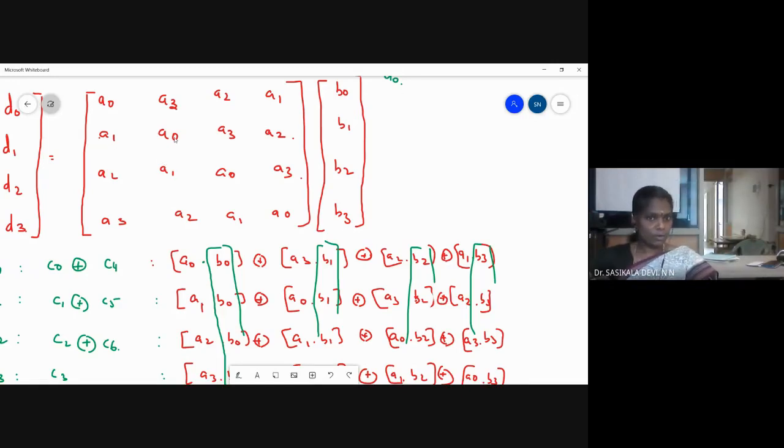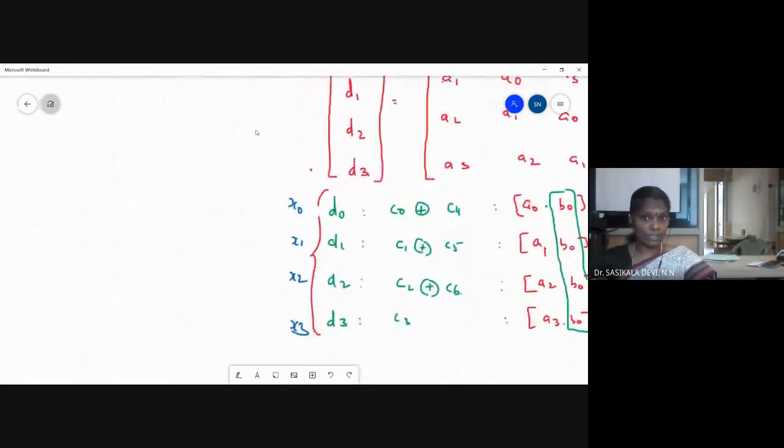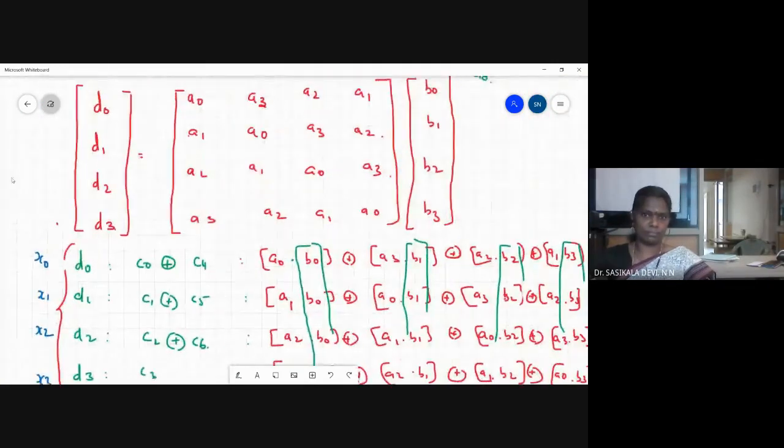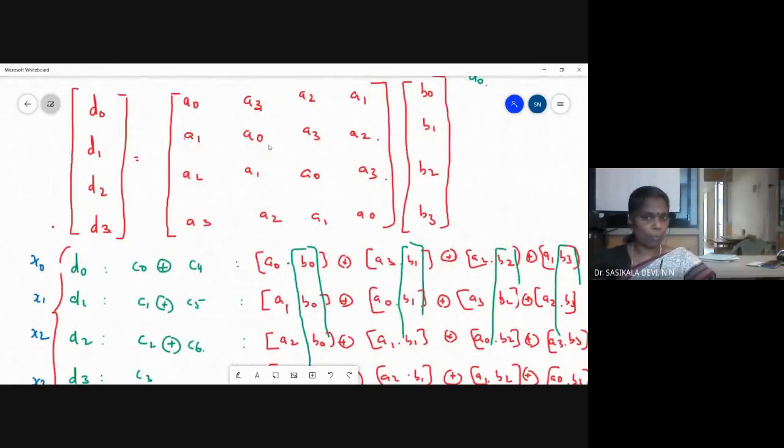Similarly, A1 into B0 plus A0 into B1 plus A3 into B2 plus A2 into B3. So the final elements can be computed just by doing a simple matrix multiplication.